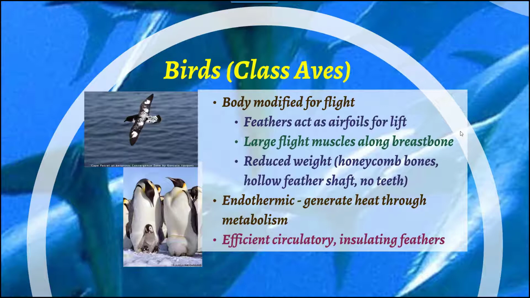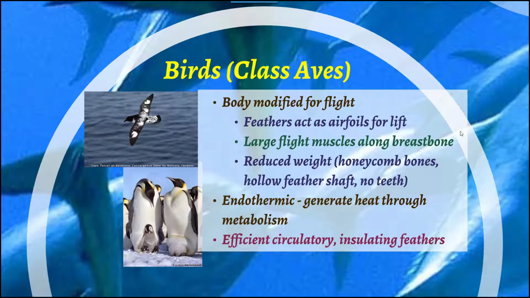So birds, which are related to these reptiles but have their own class called Aves, are going to have a modified body for flight. Their feathers act as airfoils for lift. They have light flight muscles along the breastbone, and reduced weight from having hollow bones. And as I mentioned, they're endothermic, so they can generate heat through their metabolism.